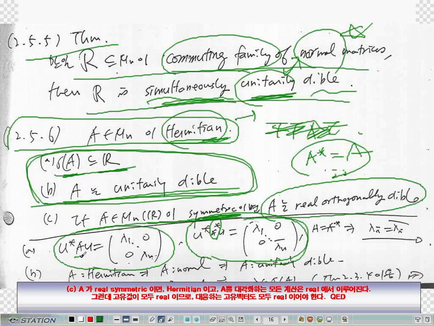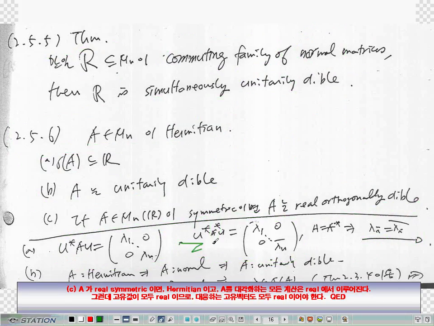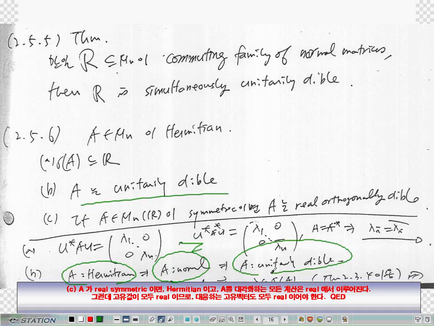That means each eigenvalue is the same as its own conjugate. What that means is they are all real. Next, it is unitarily diagonalizable: A is Hermitian and A is normal, so A is unitarily diagonalizable. It's done.